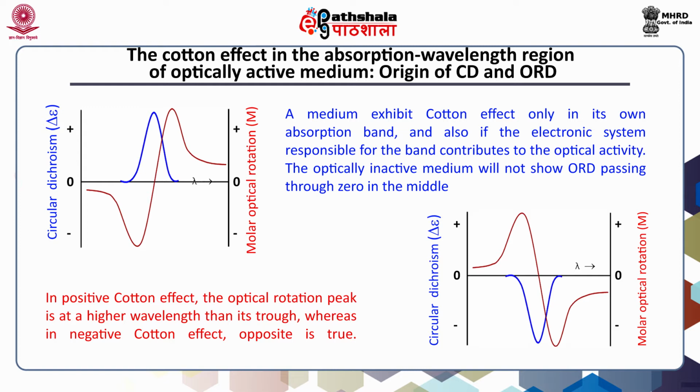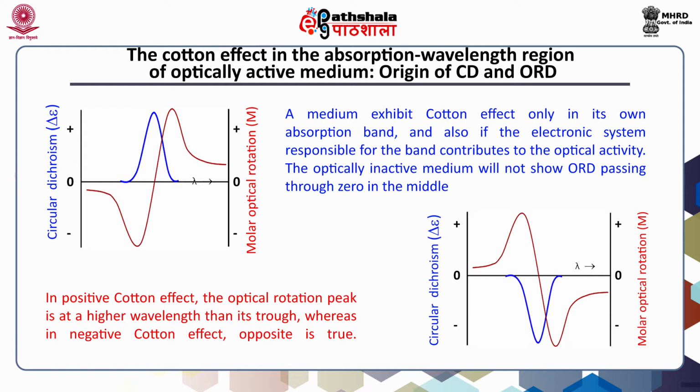There are two kinds of Cotton effect, as I mentioned, negative and positive. To remember which is the positive Cotton effect and which is the negative, let's see how. We can also say that in the positive Cotton effect, the optical molar rotation peak is at a higher wavelength than its trough, whereas in the negative Cotton effect, the opposite is true.